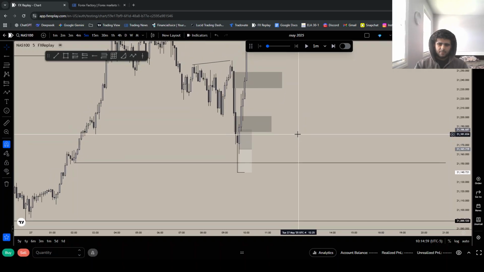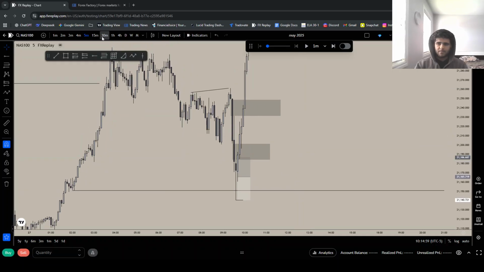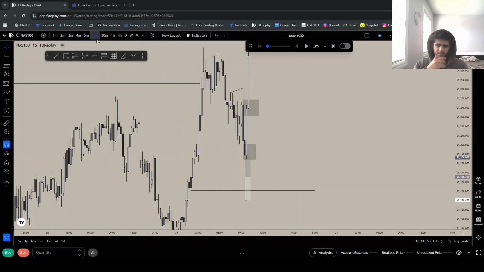My bad, I lost my train of thought. So we used this lower time frame gap to sponsor a move down, which was sponsored by this sweep. So the continuation confluence is good.